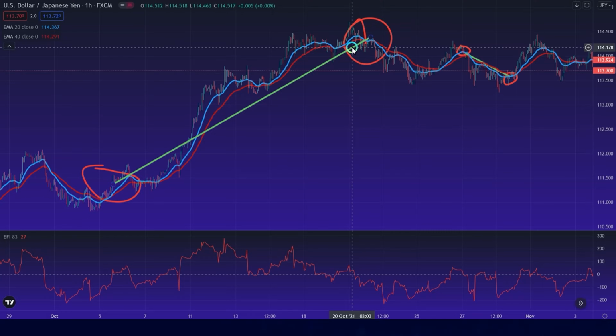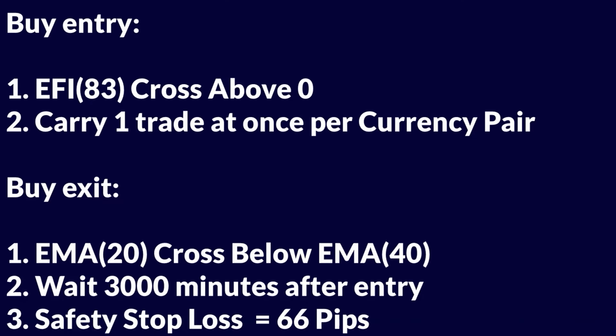So the entry rule is for the buy trades. We have a force index that is 83 period. When the 83 period force index crosses above 0, you take a buy trade. We have a second rule here, and this is that you only carry one trade at once per currency pair.